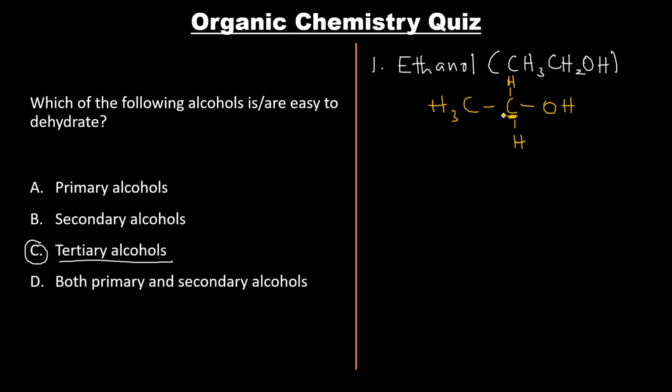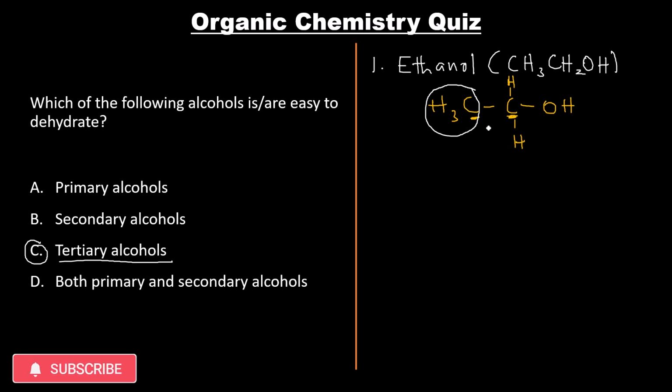But this carbon has only one alkyl group attached to it, and this is what we're referring to as the alkyl group. So because it has only one alkyl group attached to it, it is referred to as a primary alcohol. And basically, in the dehydration of ethanol, which is a primary alcohol, a primary carbocation will be formed.